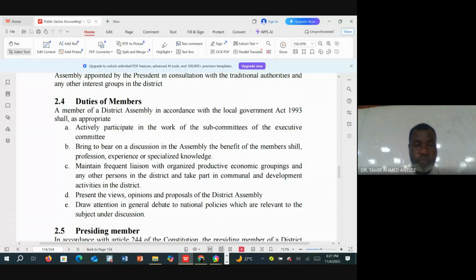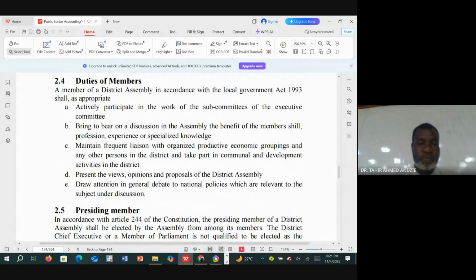Okay, so the members must bring to bear on discussions in the assembly the benefit of their profession, the experiences they have, the special knowledge they have. The person must be professional. They should bring it to the discussion in the assembly. But when you have people who don't know anything, what would they do?